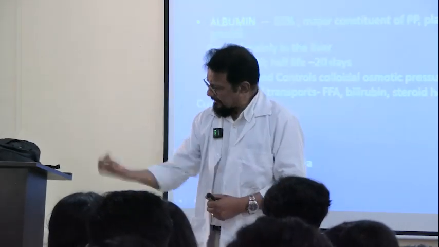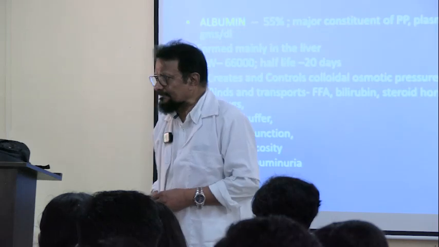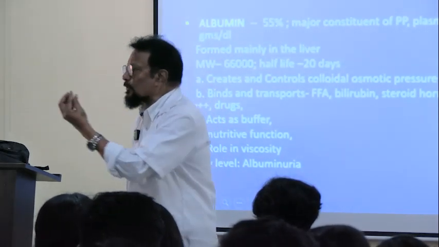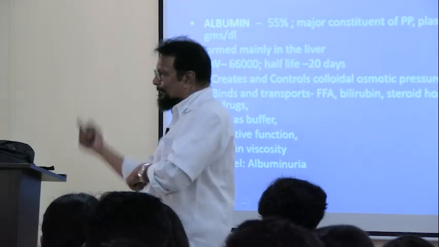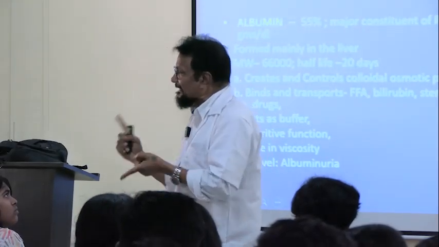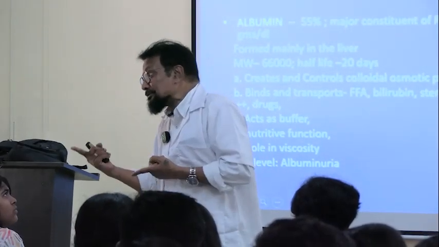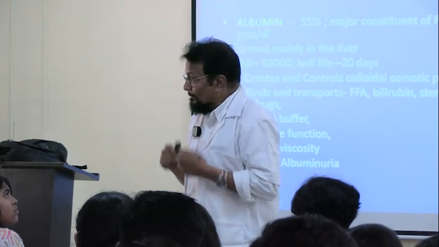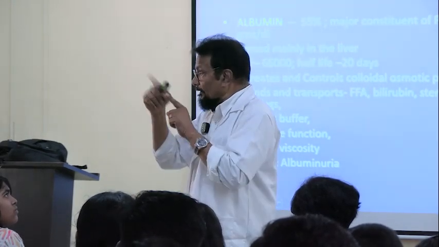Suppose I have started exercise. As a result of vigorous exercise, my muscles will produce lactic acid, which will be liberated into the blood. Since this is an acid, it will produce acidosis.